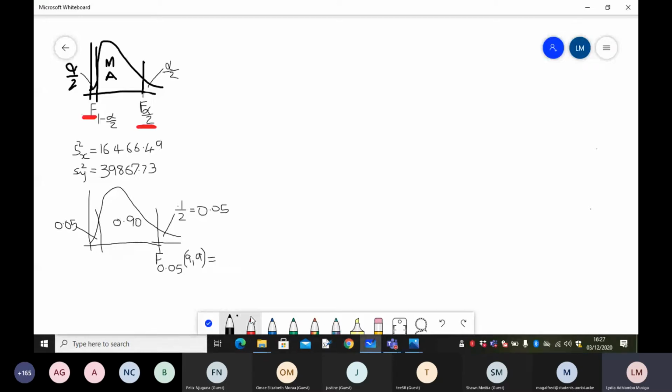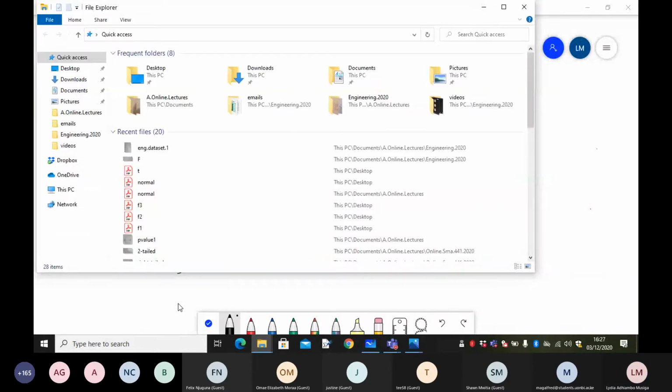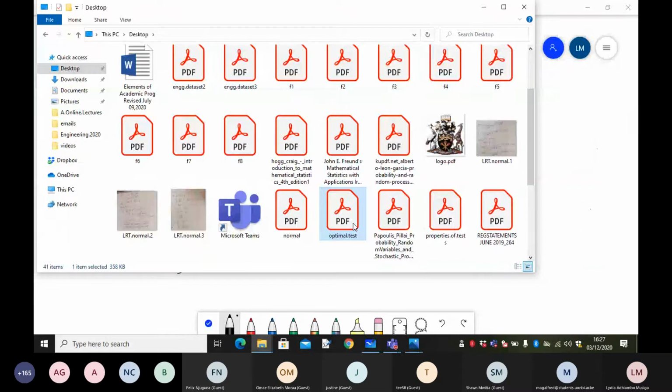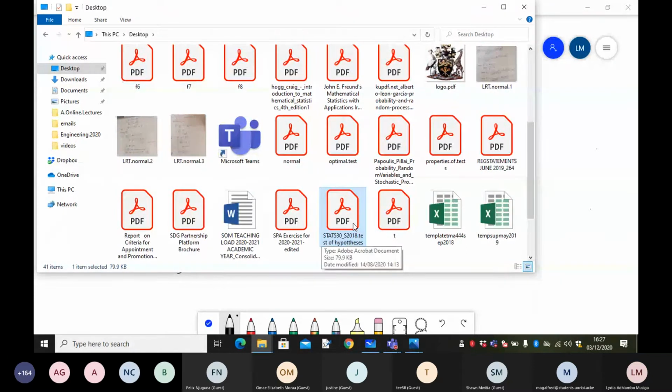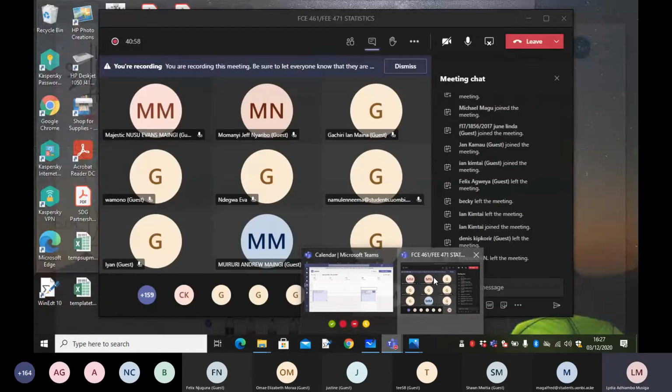So I need to open my table. What am I looking for? Yeah, the F table.